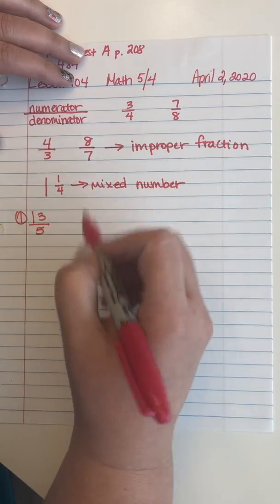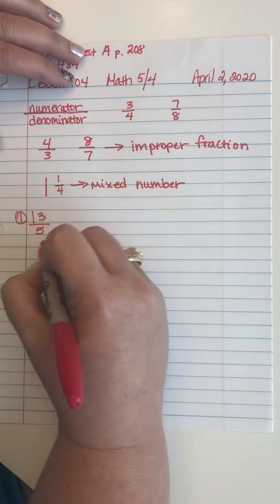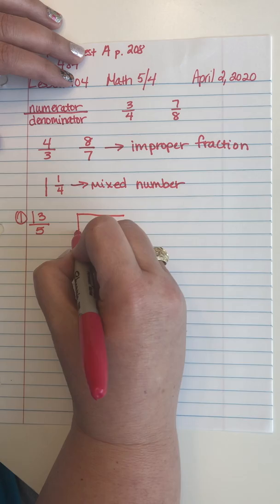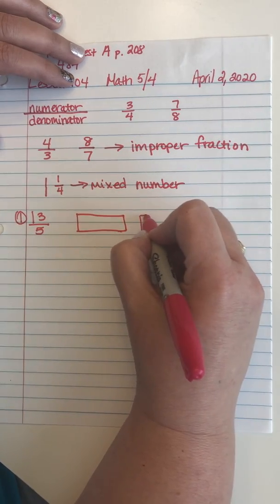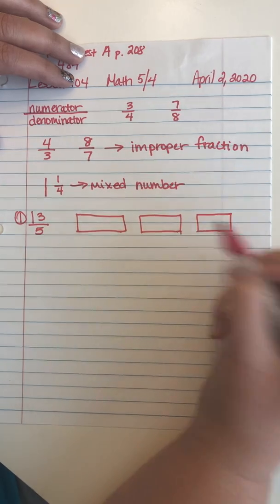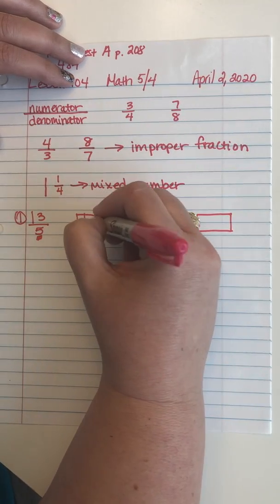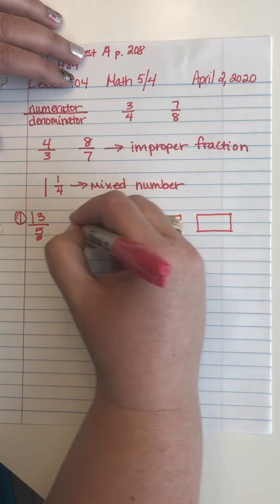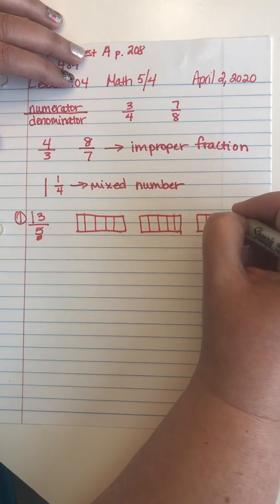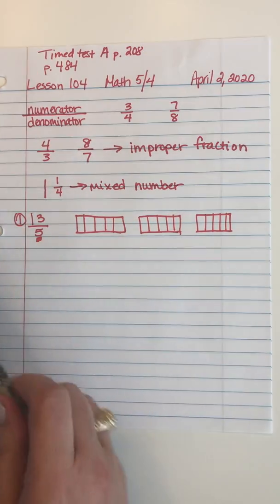If I was going to draw a picture for 13/5, I would draw 3 shapes and divide each shape into fifths, because that's my denominator. Each of these little pieces is 1/5.